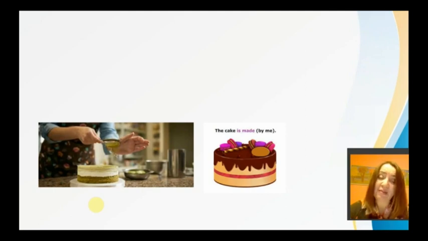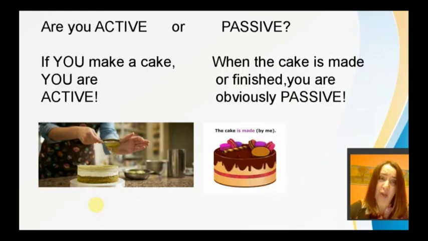So, the main difference between these two pictures is in action. So, are you active or passive? If you make a cake, you are active. When the cake is made or finished, you are obviously passive, and you are waiting for eating this cake.